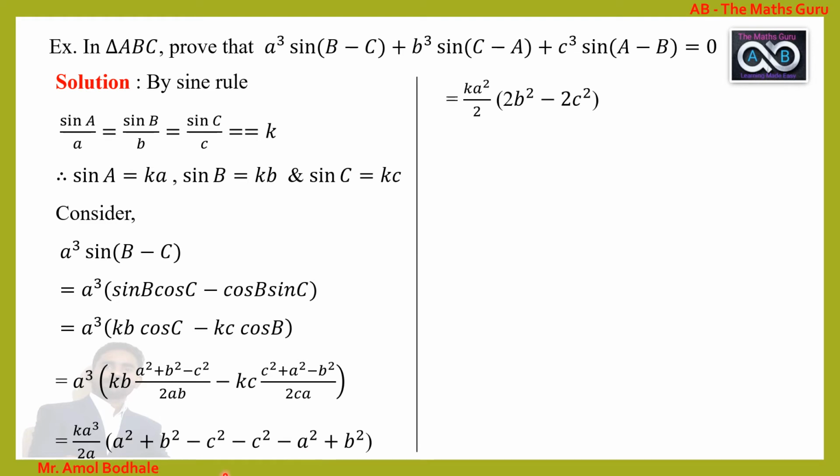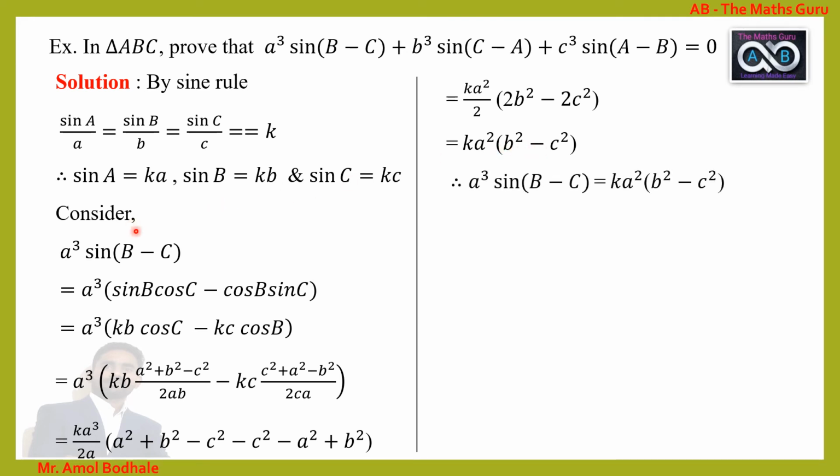So here we can cancel this a square with negative a square, and we can write b square plus b square as 2b square, and minus c square minus c square as minus 2c square. Here we can cancel one a from numerator and denominator, which will give us k a square upon 2. If we take 2 common from the numerator, it will be cancelled with this 2. So we get k times a square into b square minus c square.